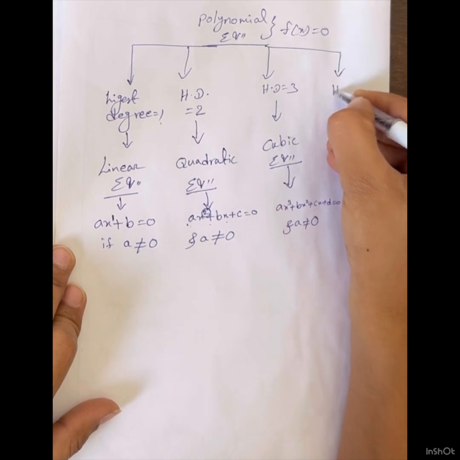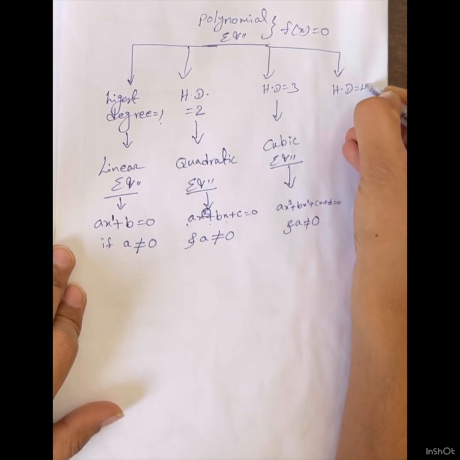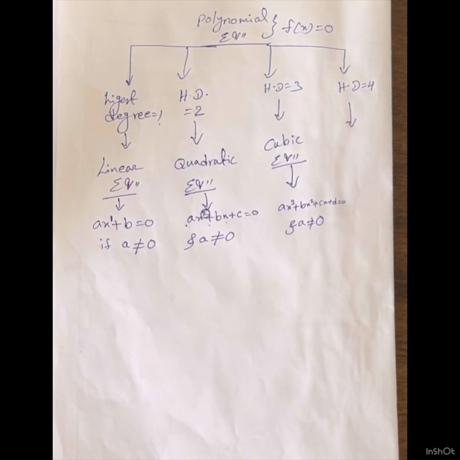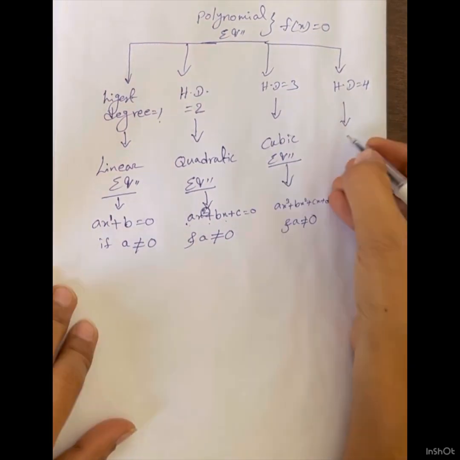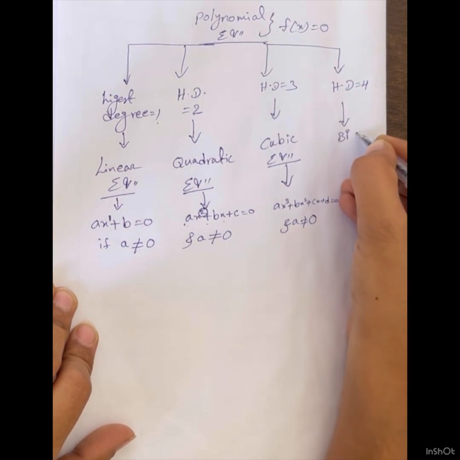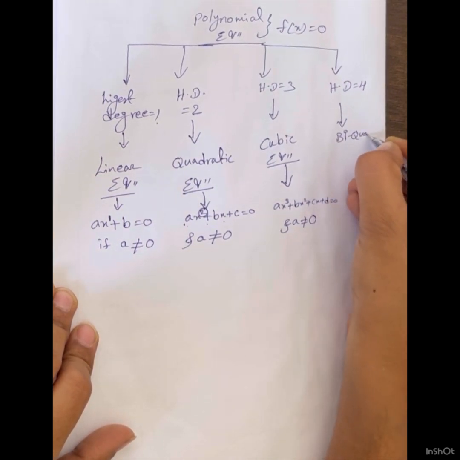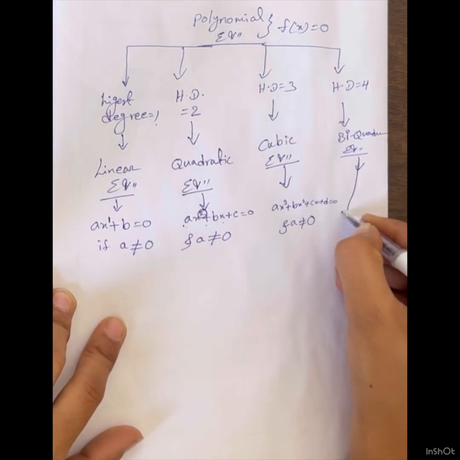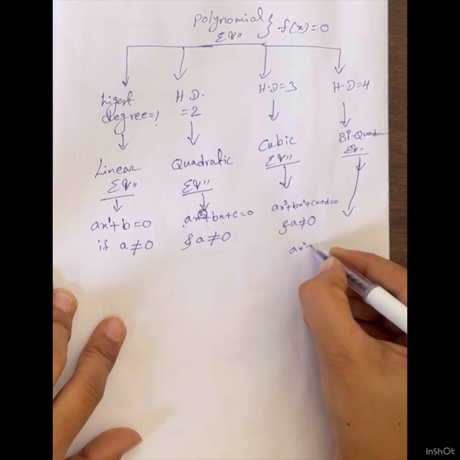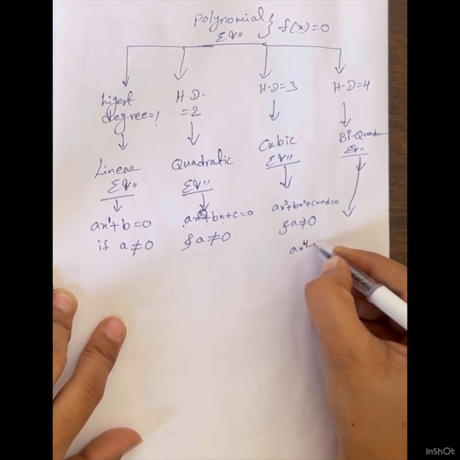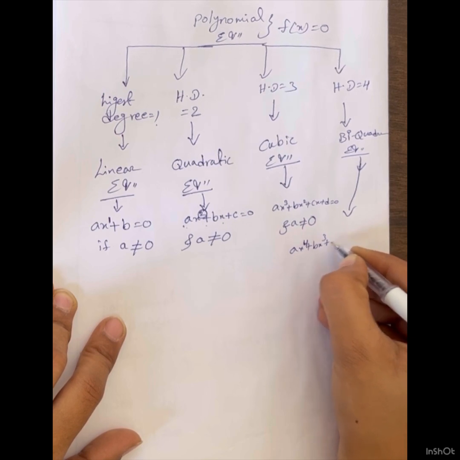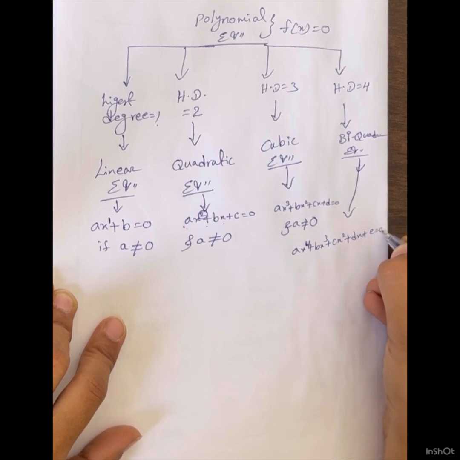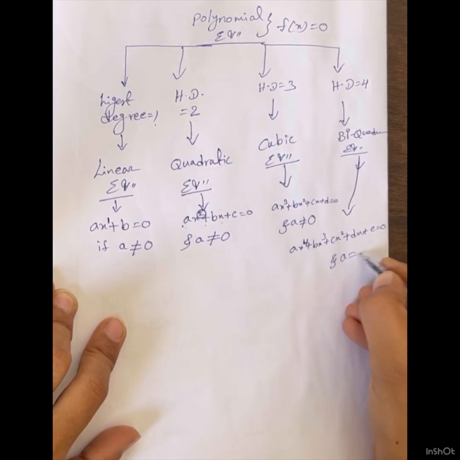And the last one, the highest degree is 4. The polynomial equation becomes the biquadratic equation. The general form of the biquadratic equation is ax power 4 plus bx cube plus cx square plus dx plus e is equal to 0, and a must not equal 0.